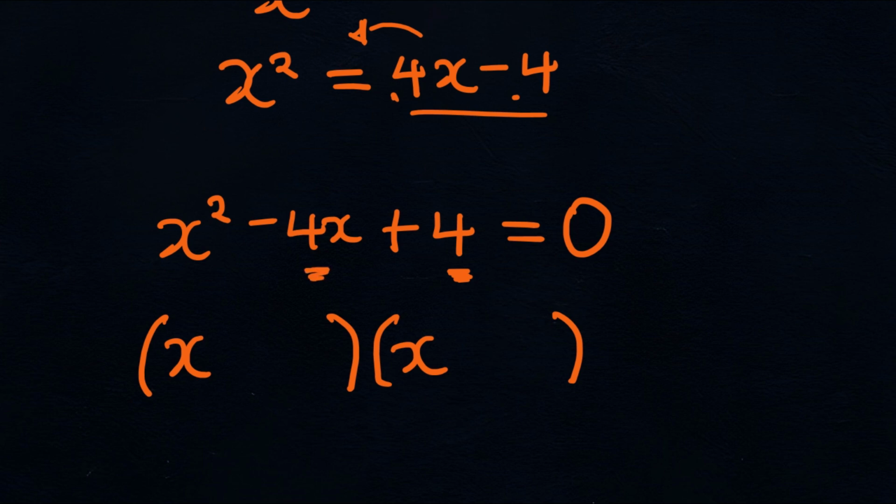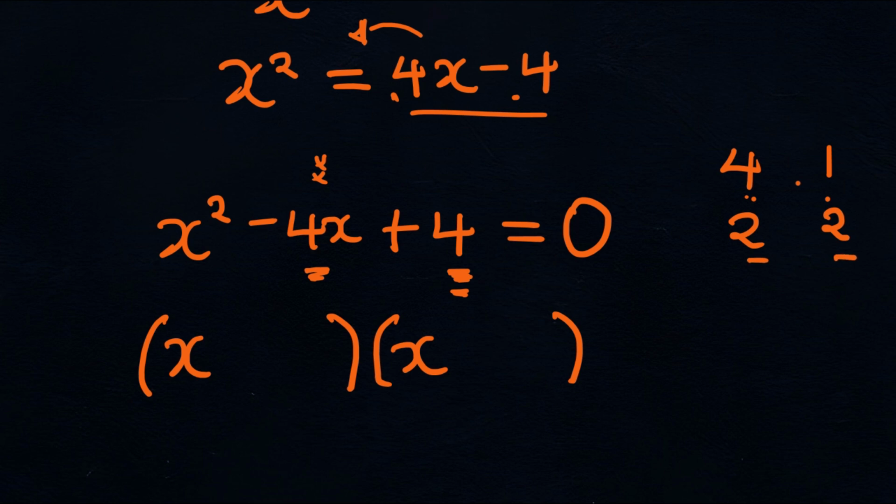So the multiples of 4, the options that we have got: 4 multiplied by 1 and 2 multiplied by 2. And then 4 multiplied by 1 is 4, this one. And then 4 minus 1 is 3, which is not this one. And then 4 plus 1 is 5, which is not this one. So we're going to try this one.